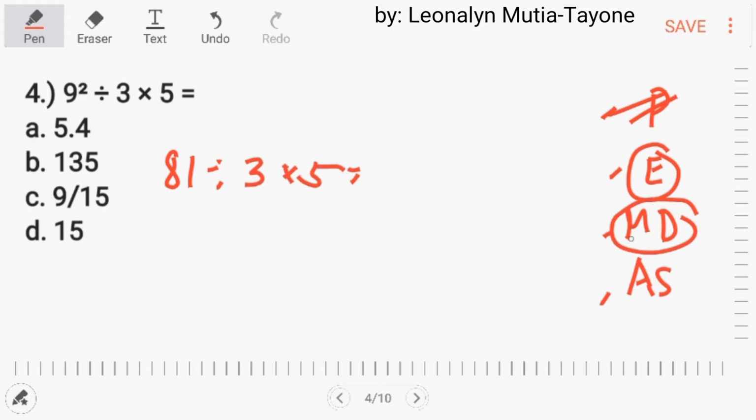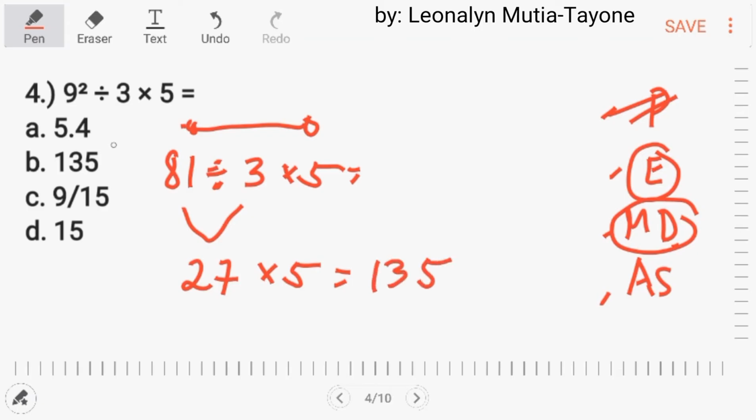Ang next sa rule is multiplication or division, whichever comes first. Ang dito nauna ay division bago ang multiplication from left to right. So, unahin natin si division. 81 divided by 3, and that is 27 times 5, and that is 135. So, letter B ang sagot.